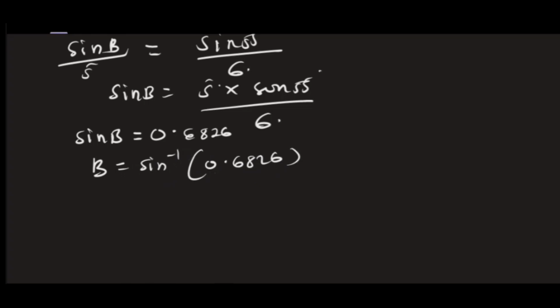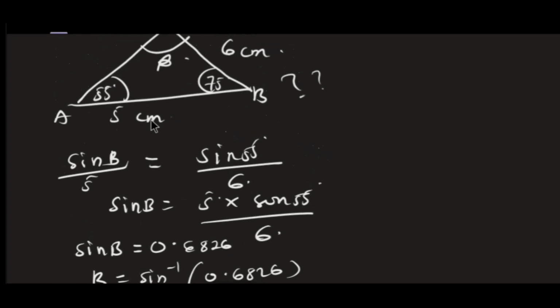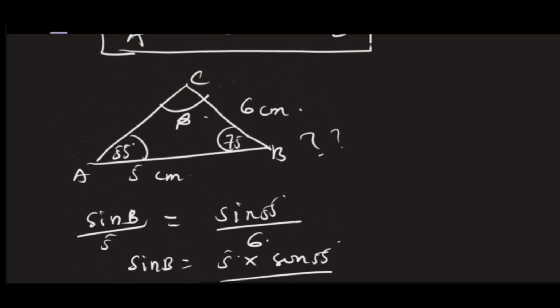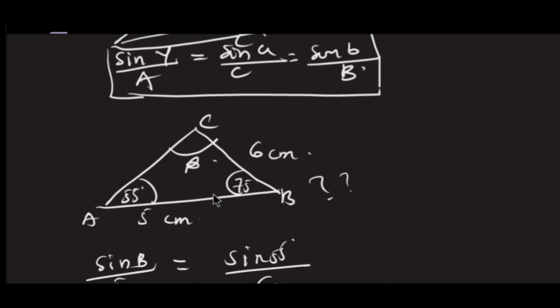Then my answer is 43.05 degrees. The reason why I changed it from 10 is, in triangles, the length and the angles correlate. So if you take any inappropriate length, you end up getting an error. So you need to choose the length carefully.